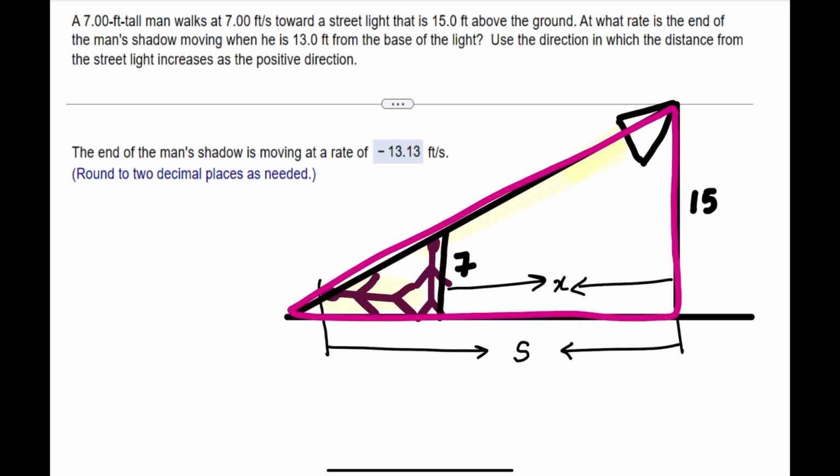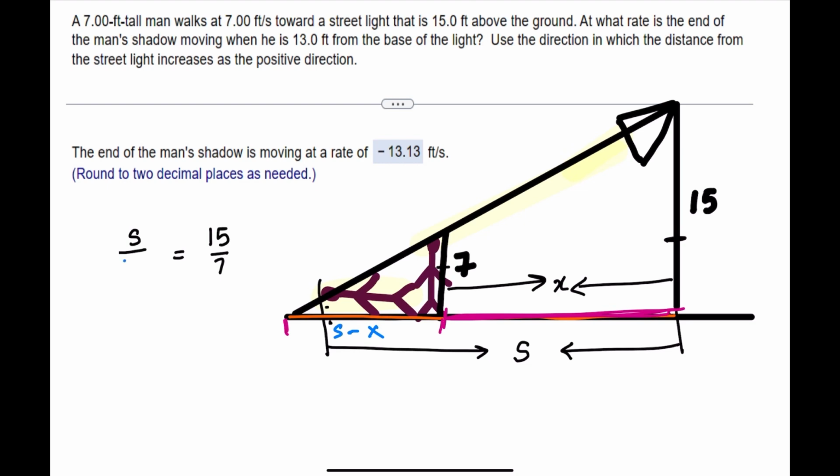So how do I work when I have similar triangles? I want you to go ahead and see what I'm doing here. 15 over 7, that is this side over this side, is the same as S, which is of this triangle, and this distance, if this whole thing is S, and if this little piece is X, then this distance is S minus X. So if you see, I have similar triangles, similar sides.